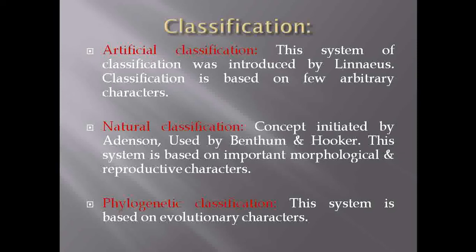The artificial system of classification was proposed by the scientist Linnaeus, and this system of classification is based on a few arbitrary characters.